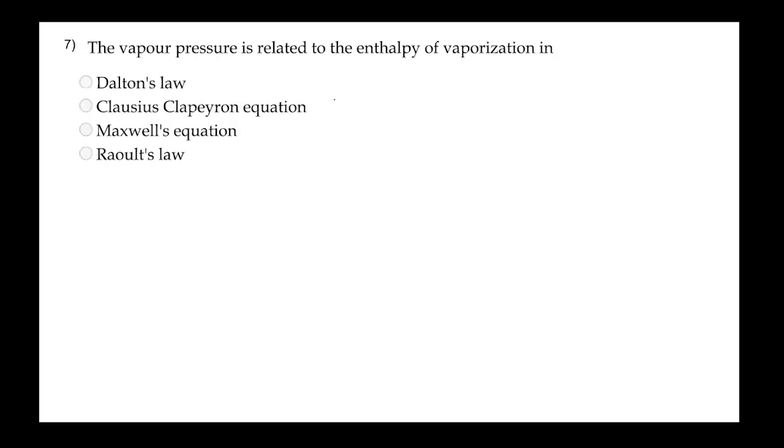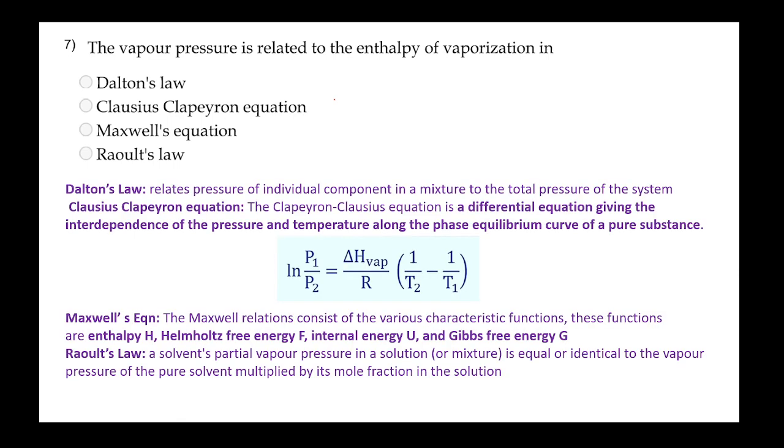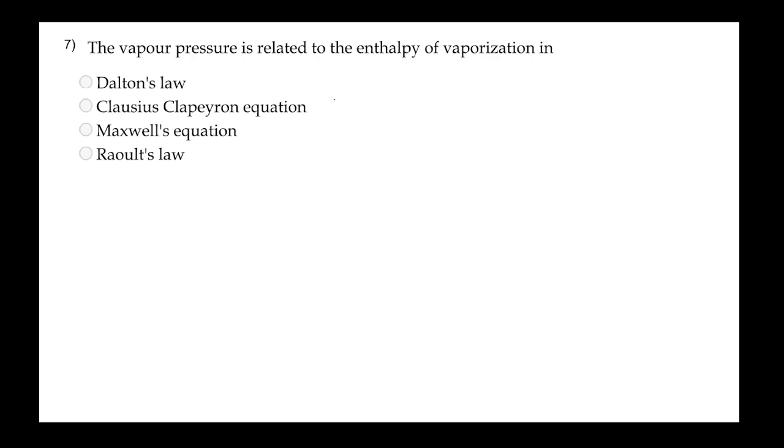The vapor pressure is related to the enthalpy of vaporization in the following equation. If we look into each of the relationships, Dalton's law relates partial pressure with the total pressure in a gas mixture.